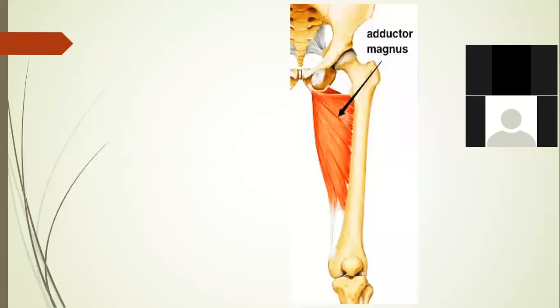Through this opening, the femoral artery passes from front to posterior and becomes the popliteal artery, reaching the popliteal fossa. Similarly, the popliteal vein passes through this opening and ascends to the front of the thigh as the femoral vein. So artery and vein pass through this large opening.